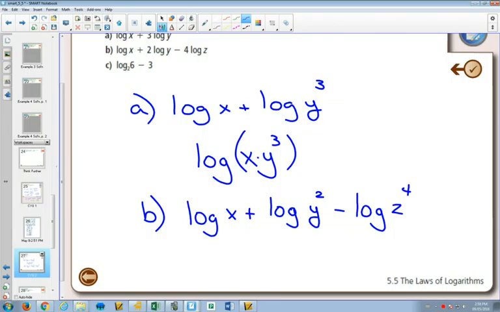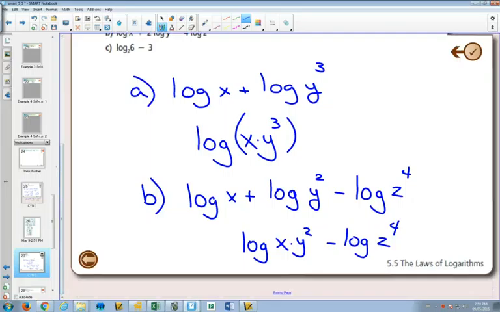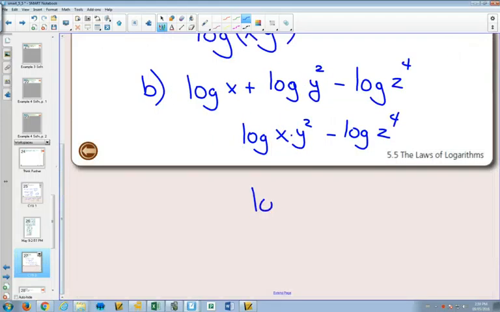So here, a log plus a log, adding them means we can multiply. And then subtracting them means we can divide.